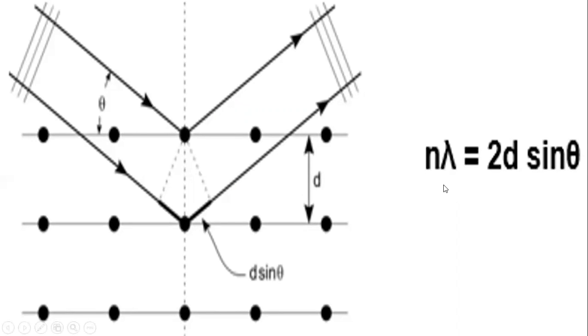This is the equation of Bragg's law: n lambda is equal to 2d sine theta. D is the distance between two layers. Each layer of atoms has different angles and different distances, so that's why it's important to find d and theta.